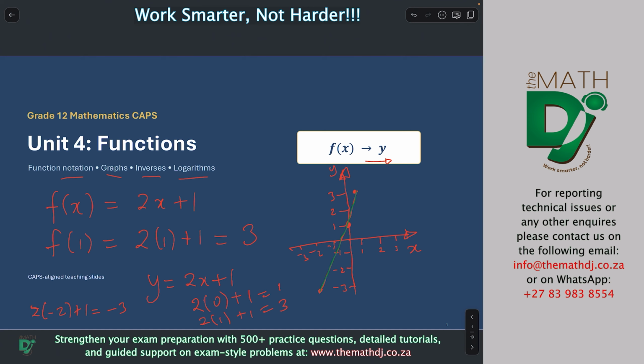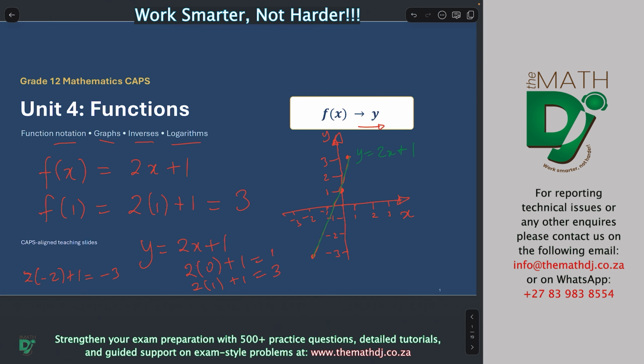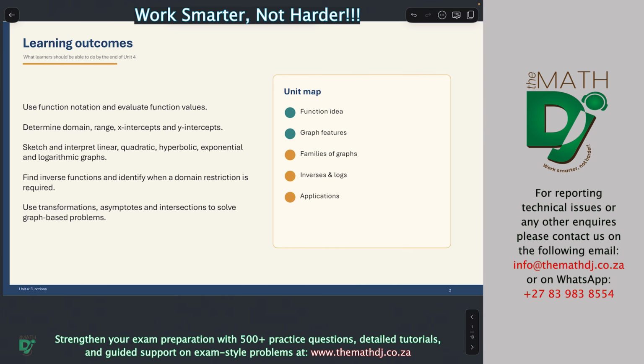You see, this will be y = 2x + 1. So it's more like a graph. Then inverses and logarithms, we're going to discuss them further. But I just wanted to introduce you that in this unit, you're going to deal with function notation, graphs, inverses, and logarithms. So let us move on.